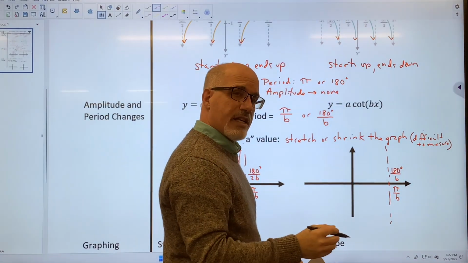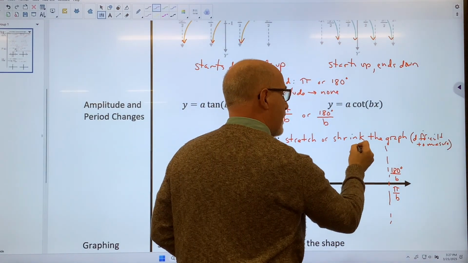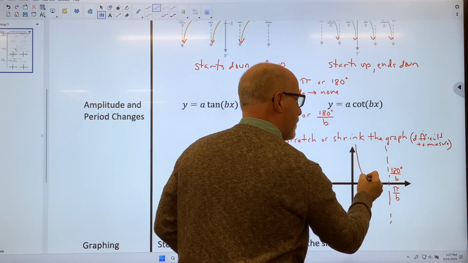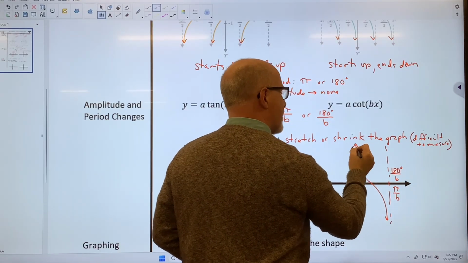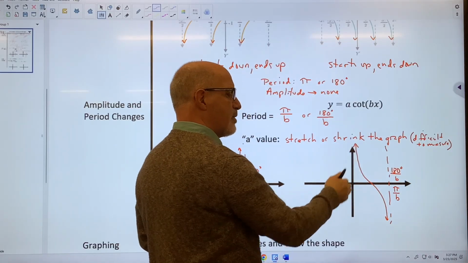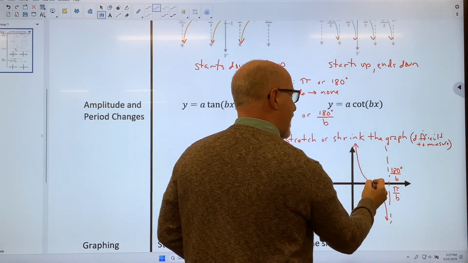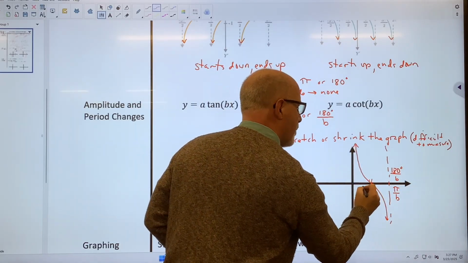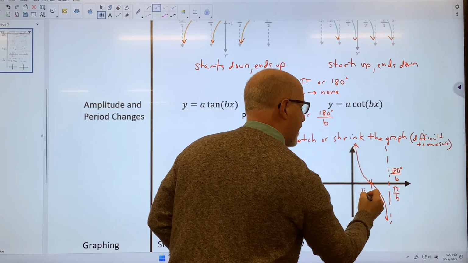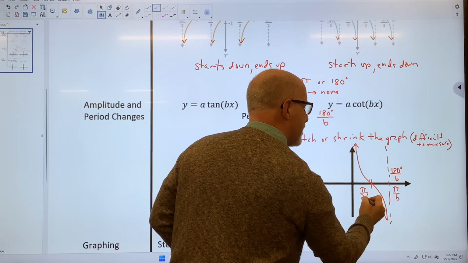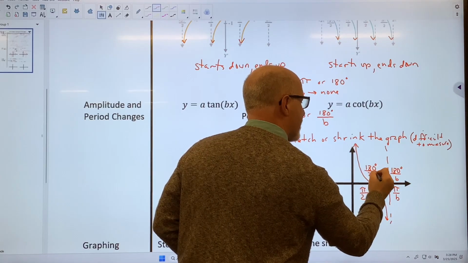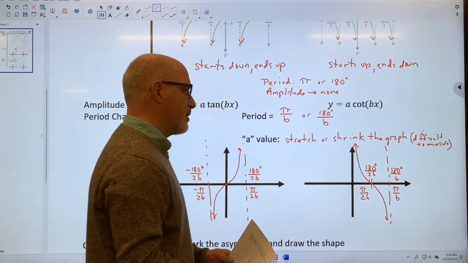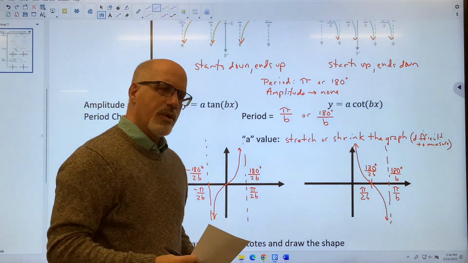Remember, our cotangent graph is going to start up and come down and follow the asymptote. So the y-axis is an asymptote, and so is this point. Halfway between these two would be our pi over 2b point, or 180 degrees over 2b, for the middle point of where it crosses.